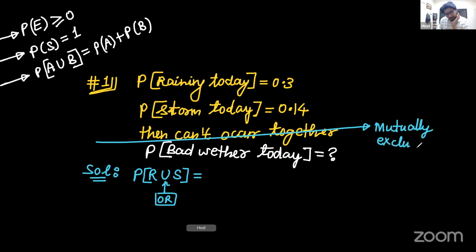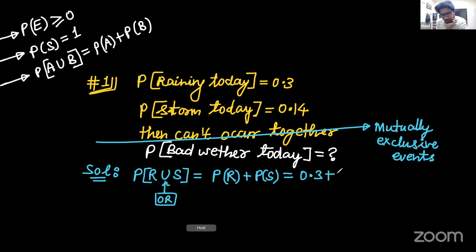So from the third axiom, it is equal to the probability of raining today plus the probability of a storm. Bad weather means if raining is happening, then also bad weather; if a storm is happening, then also bad weather. From the third axiom, that probability is going to be 0.44.